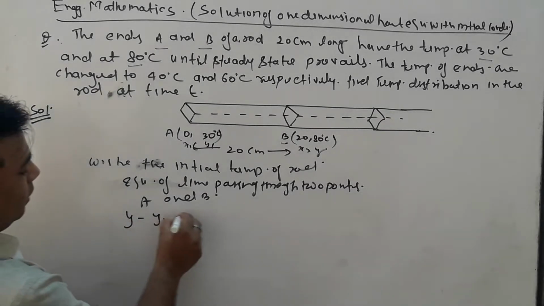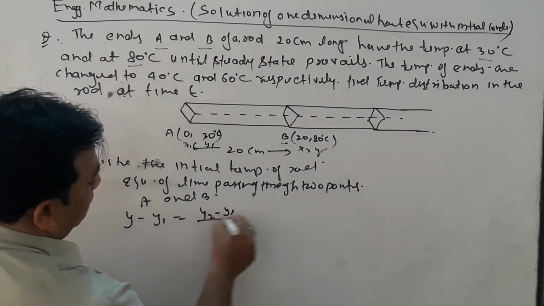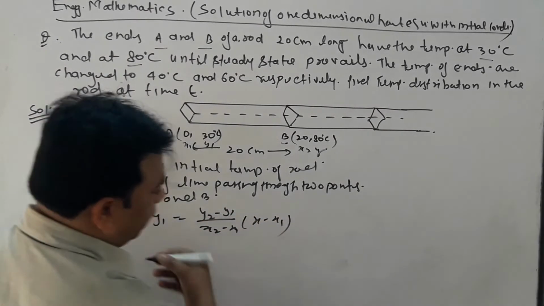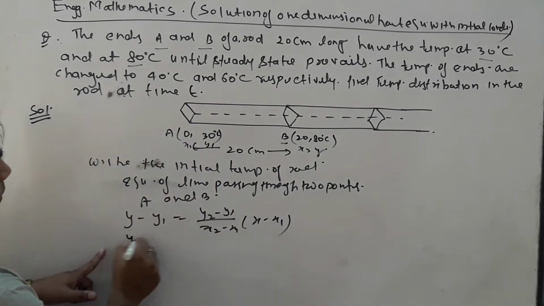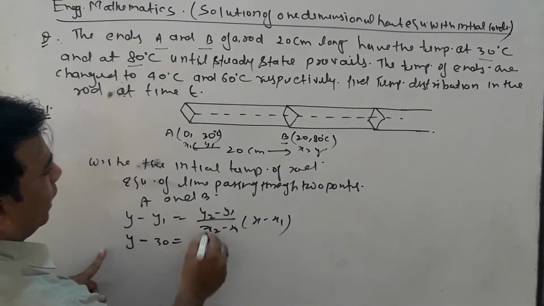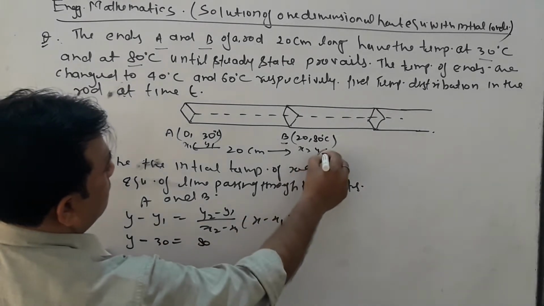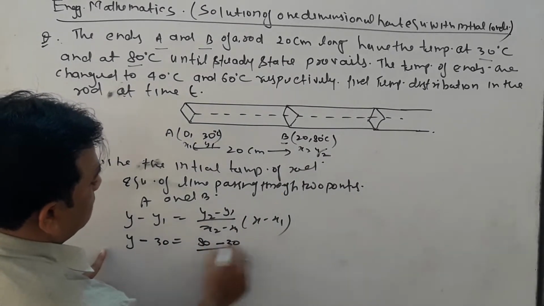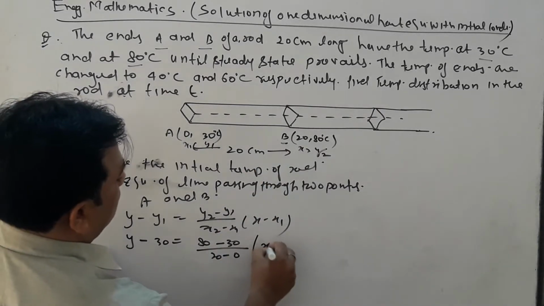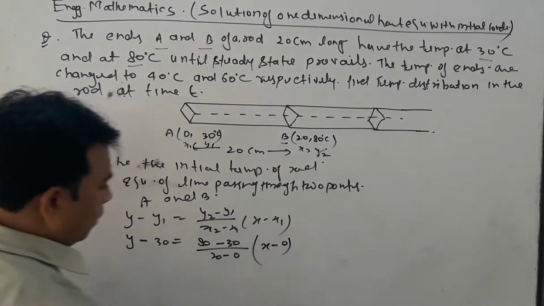y minus y1 equals (y2 minus y1) upon (x2 minus x1) into (x minus x1). Here y1 is 30 degree centigrade, y2 is 80 degree centigrade minus 30 degree centigrade, x2 is 20 minus 0, and x minus x1 is x minus 0.